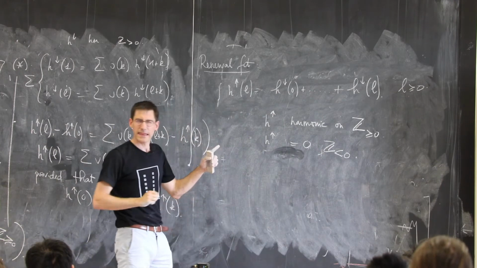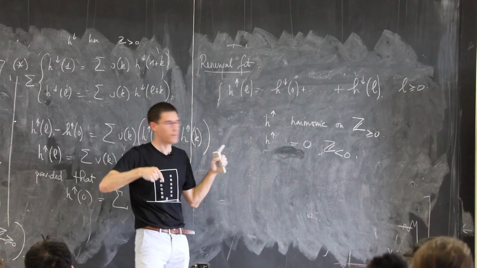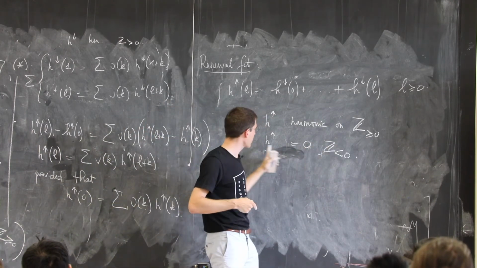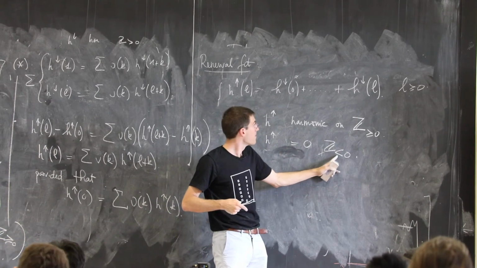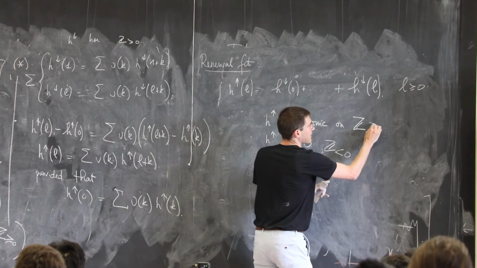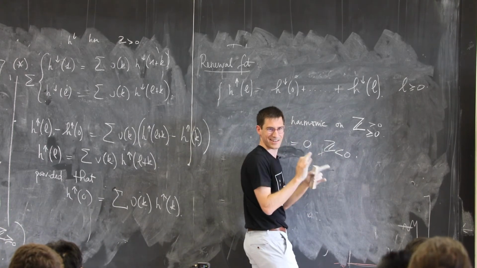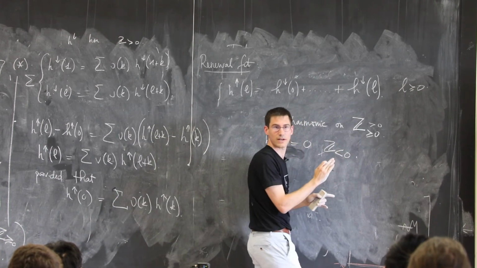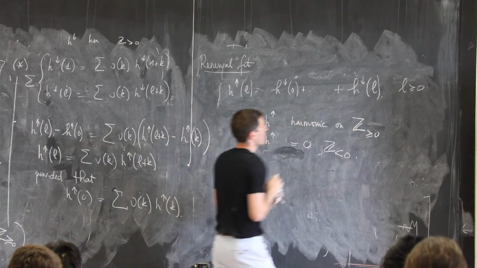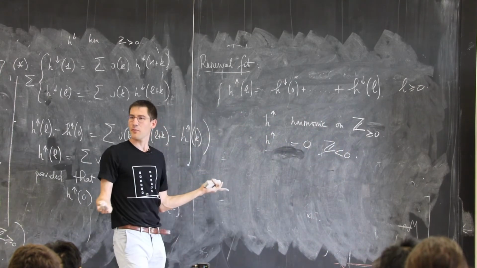That was not the case for h down arrow, because h down arrow was indeed 0 there, but was harmonic on this guy. Not quite the complementary. You agree? So we can perform an H transform.